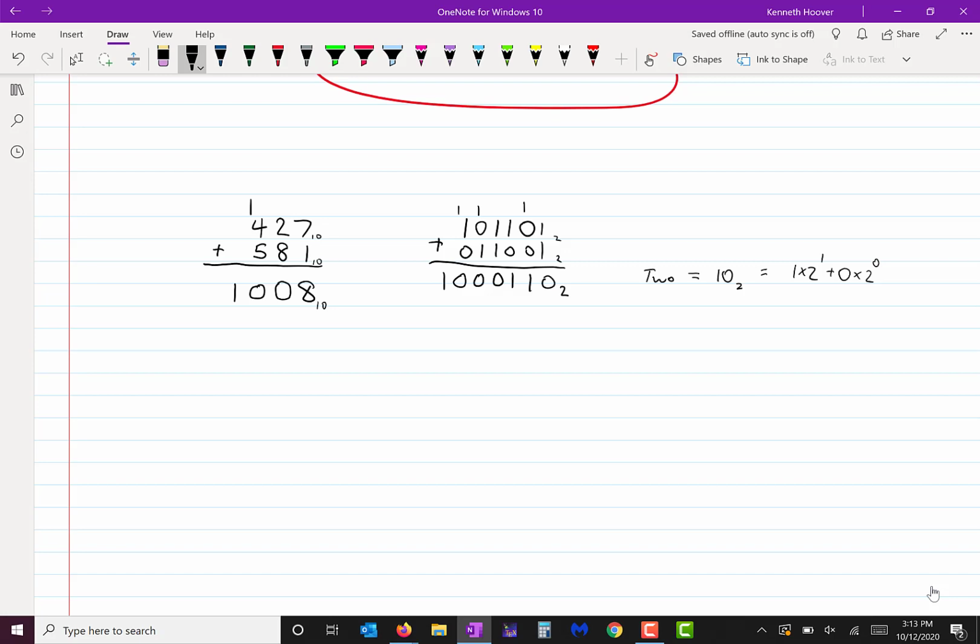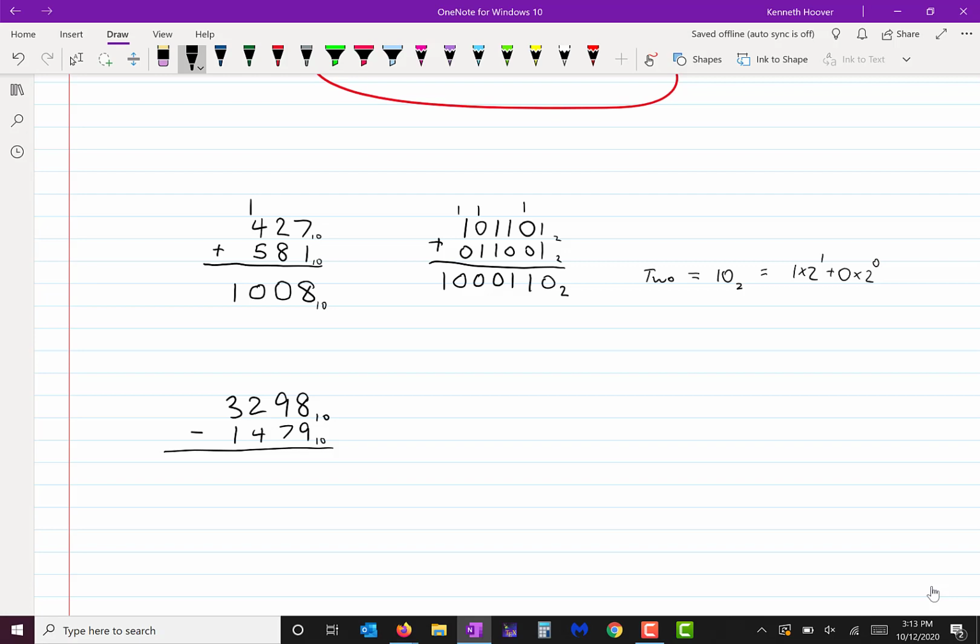Let's do subtraction. All right, let's practice in base 10. Let's do 3,298 minus 1,400, and how about we'll do 79. Okay, so how does this work?